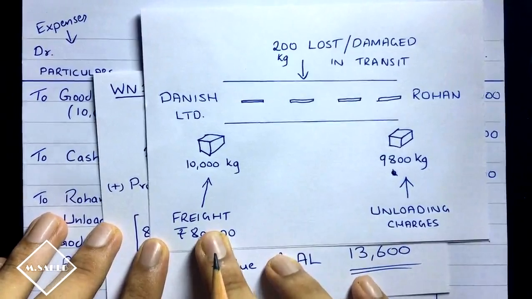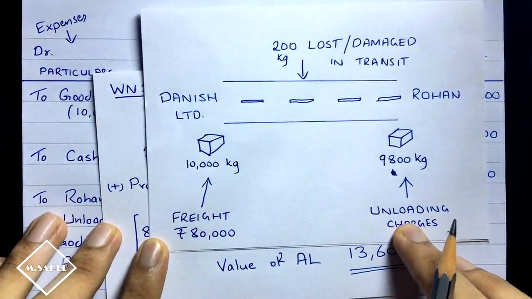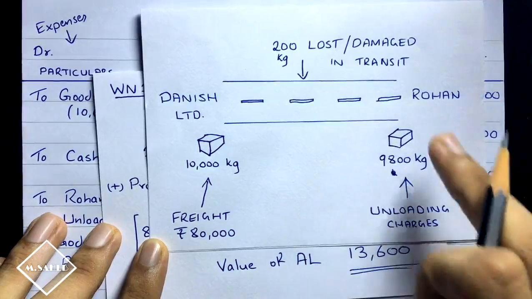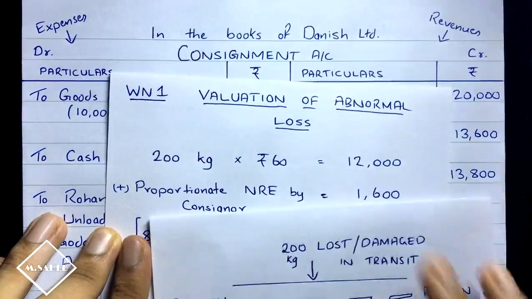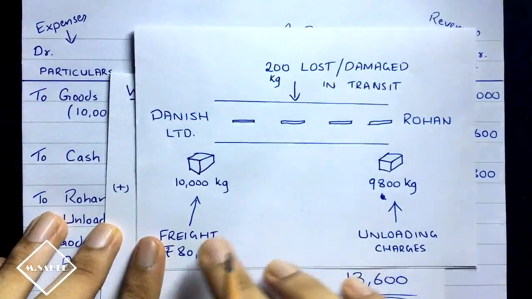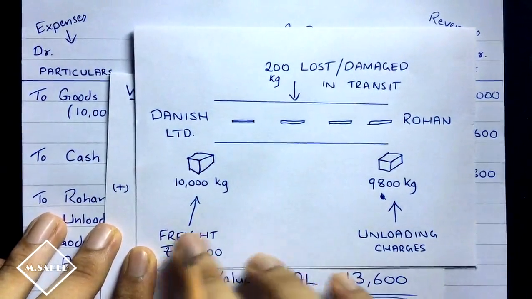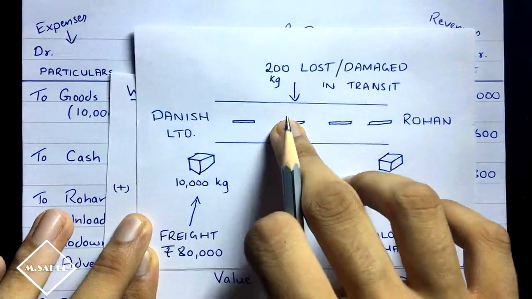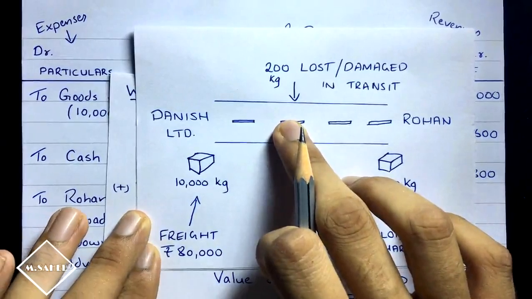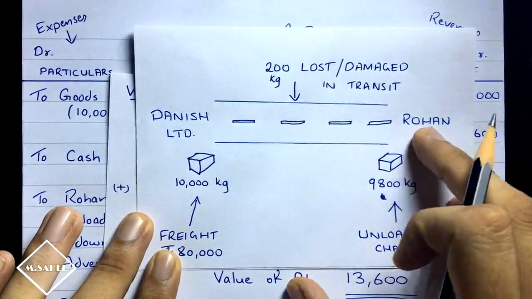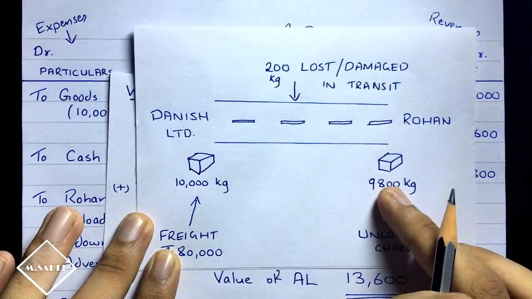consignor. Now here the consignee has also incurred the non-recurring expense, but we will not consider this in the valuation of abnormal loss. Why? Because first the consignor incurred this whole expense on this consignment of 10,000 kg, and then it was sent, and then in transit, keep that in mind, 200 kg was lost, and then Rohan received only 9,800 kg of load, right?